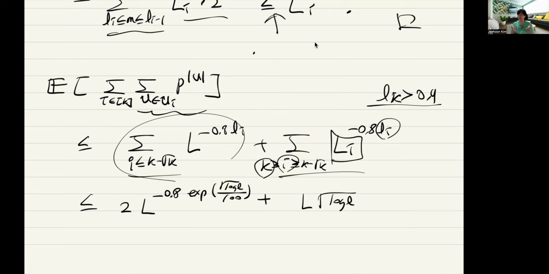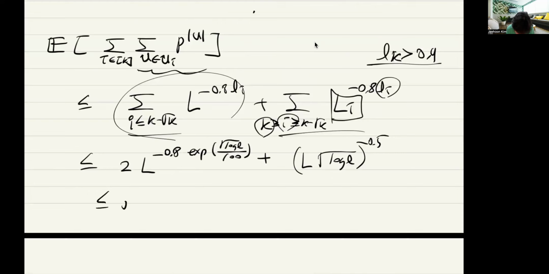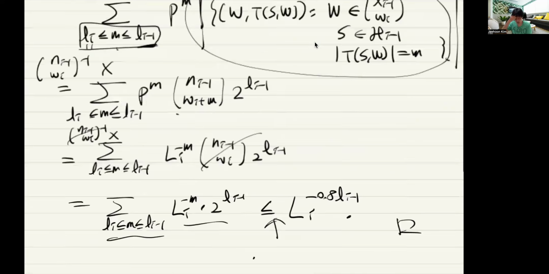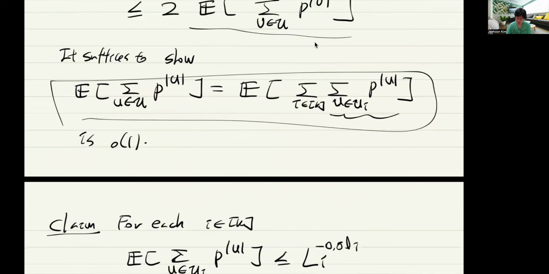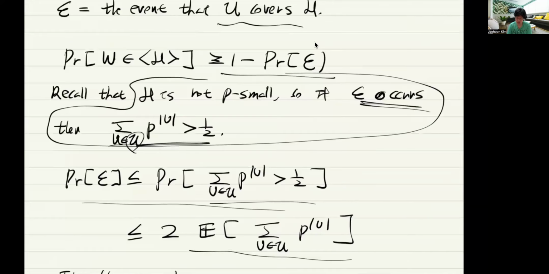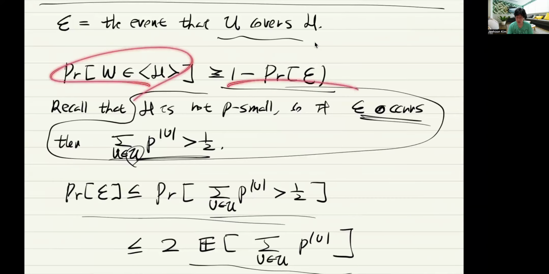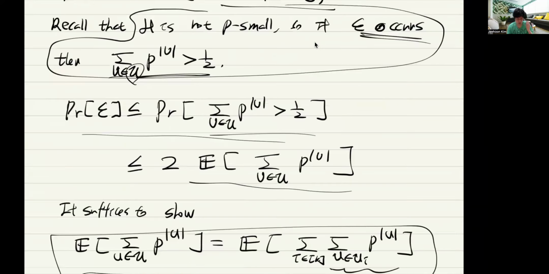LK is the first one that becomes smaller than 1. We can actually show that this one is more. Overall, everything is 0. So that confirms that this is small, so this one is at least 1 minus o(1). That proves what we want.